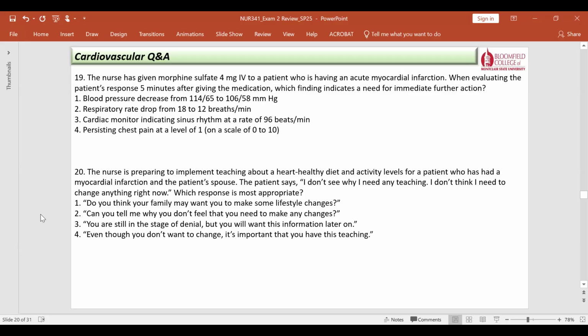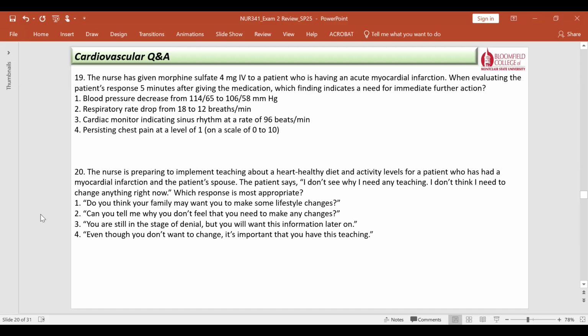To change behavior, the patient must be aware of the need to make changes. So this response acknowledges the patient's statement and asks for further clarification. It would also give the nurse more information about the patient's feelings about diet and activity levels, and may increase the willingness to learn.